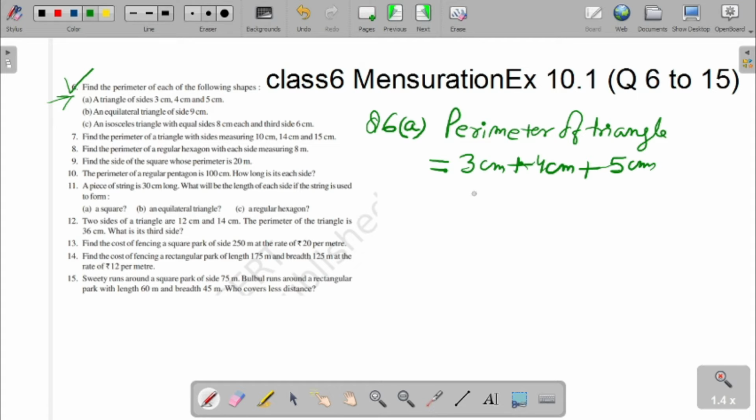So if you add them, you will get 12 centimeter. That is the perimeter of the triangle.